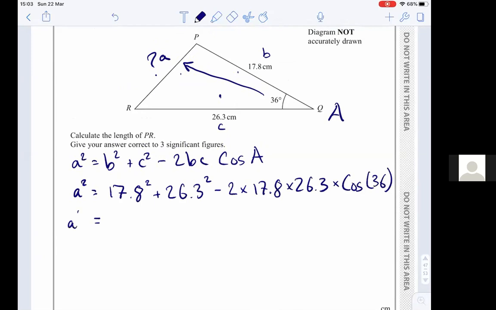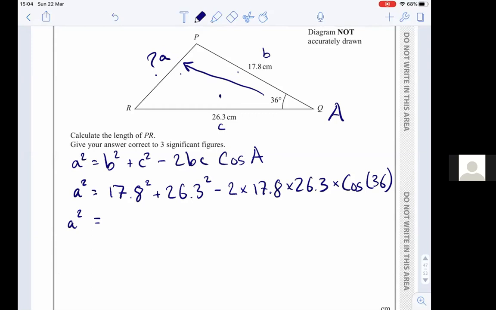Okay, and that comes down to be, let's type this in, 17.8 squared plus 26.3 squared minus 2 times 17.8 times 26.3 times cos 36.